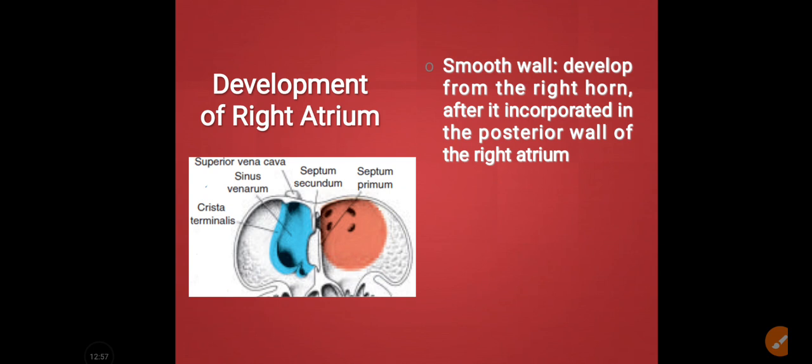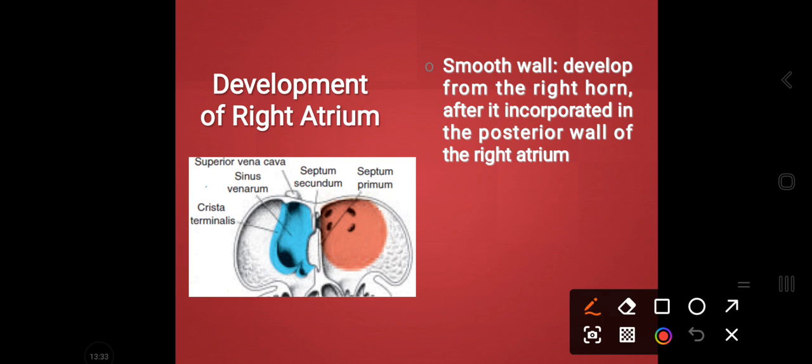What happened to the right horn? The right horn and sinus venosus are incorporated in the wall of the right atrium to form the smooth posterior part. So, regarding the development of the right atrium, it has two main parts: rough anterior part and smooth posterior part.